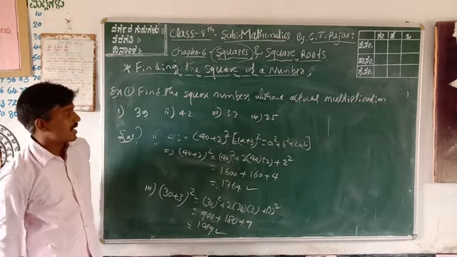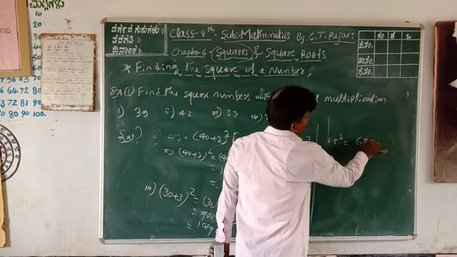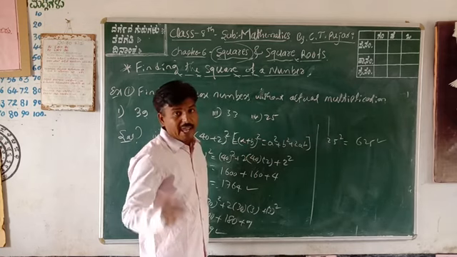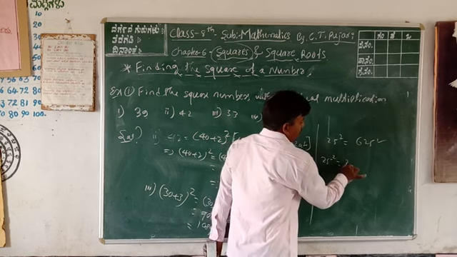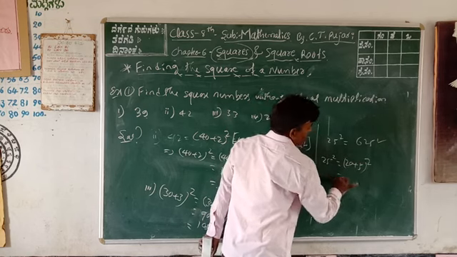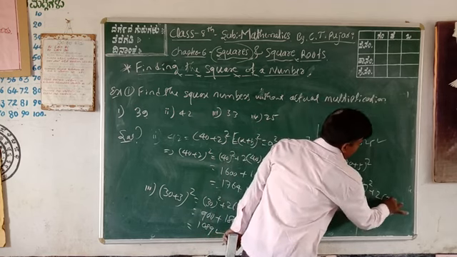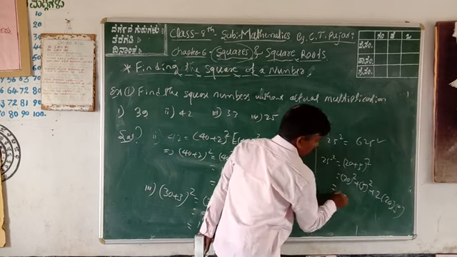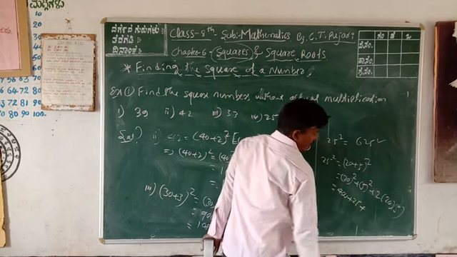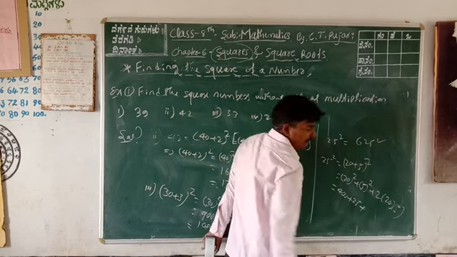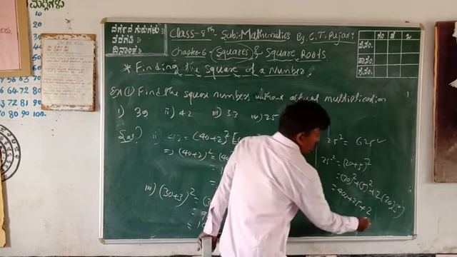Again, same as 25 square number, which is 625. We can do it without actual multiplication. 25 is 20 plus 5 whole square, equal to 20 square plus 5 square plus 2 into 20 into 5. 20 square means 400, 5 square is 25, plus 2 into 20 into 5, which is 200.